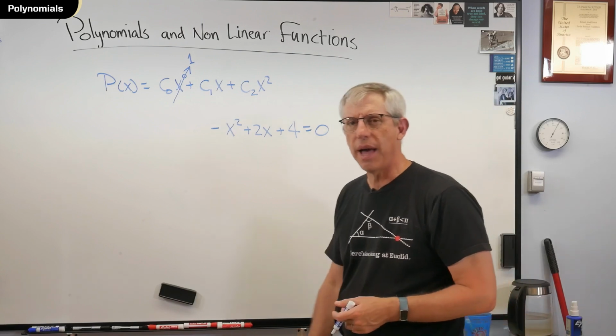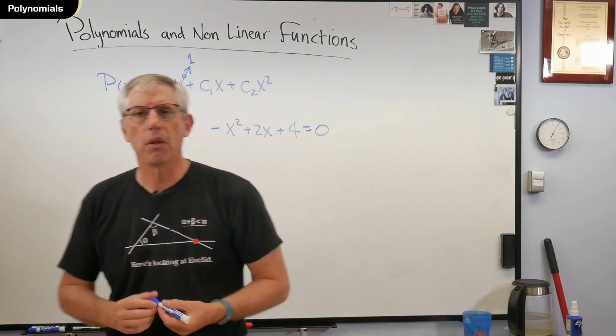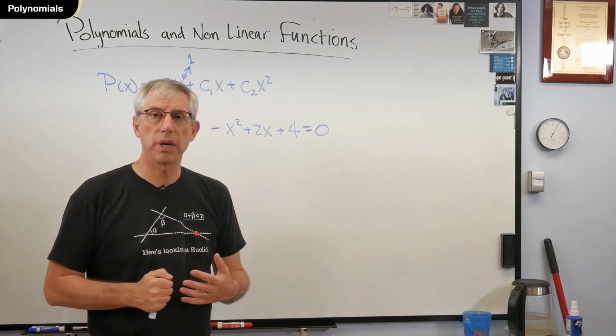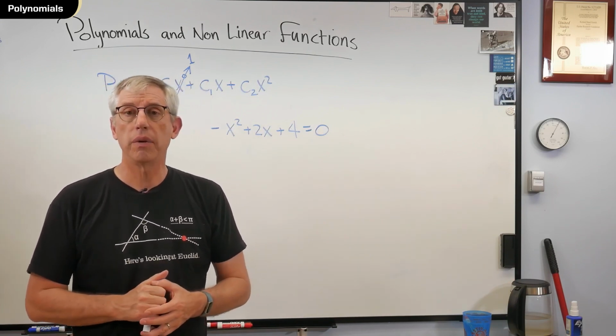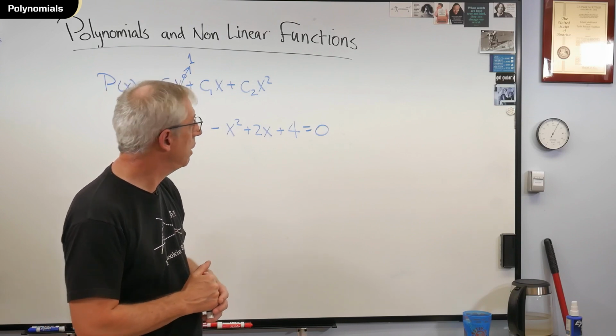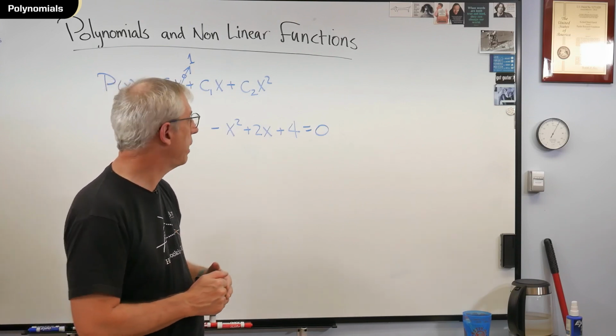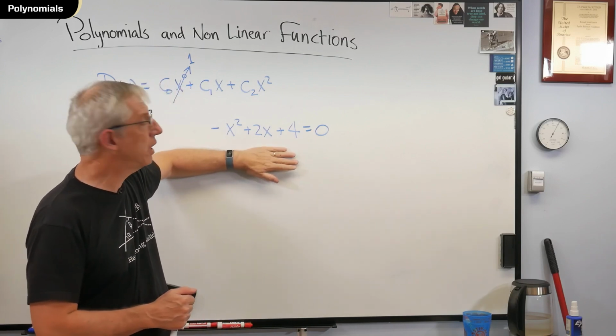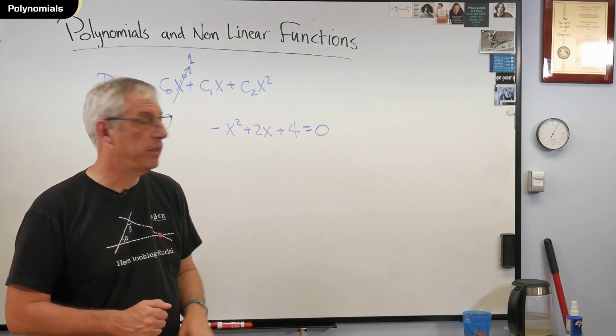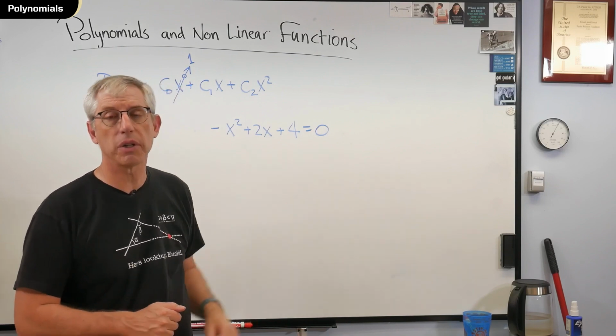Well, why would you want to do that? Well, lots and lots of physical things that we care about can be described with one or sometimes a system of equations. And you can always do a little bit of algebra, addition and subtraction, to get it into the form where something on the left side of the equation equals 0. You can always get your equations to look like this.